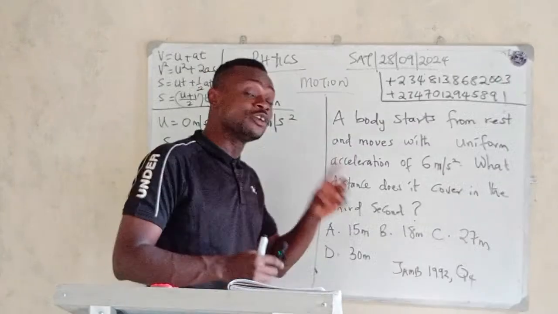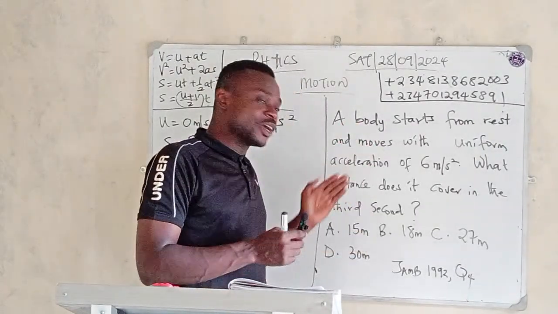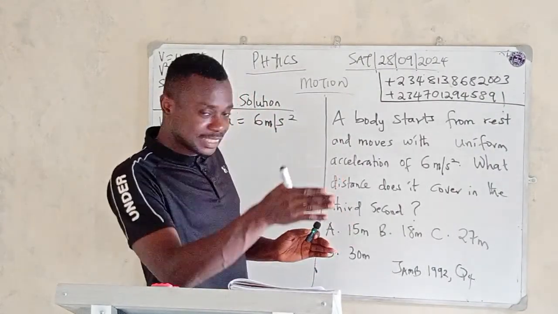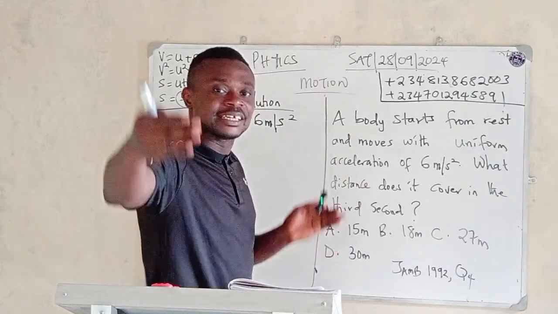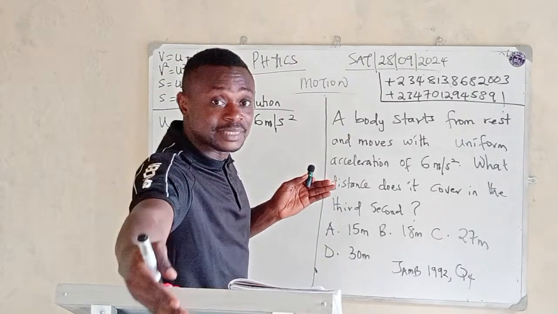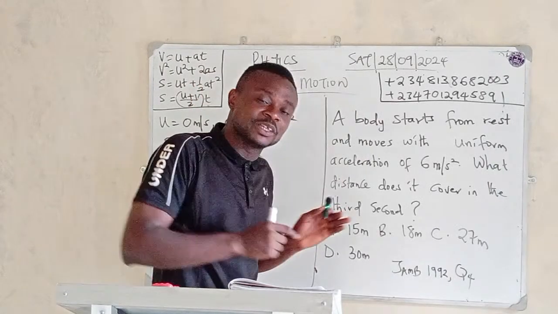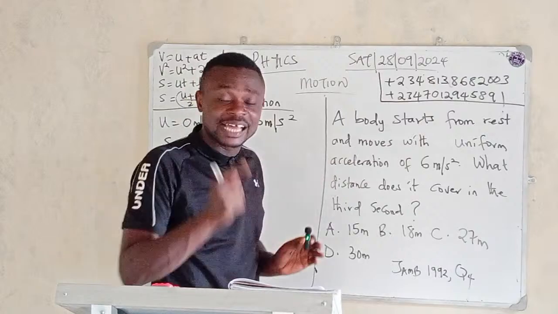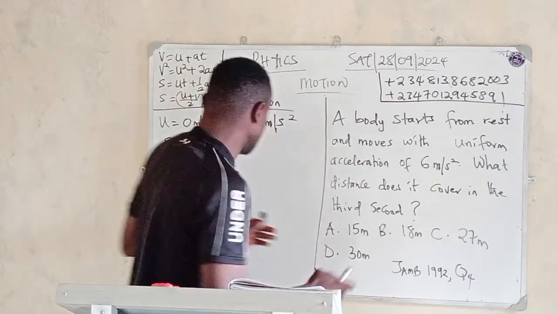Please, when you hear in the third second, it means in between after 2 seconds and the 3 seconds. So you lie between. So you find the distance in 2 seconds, keep it. Find the distance in 3 seconds, keep it. Then you can now subtract and get the distance covered in the third second.